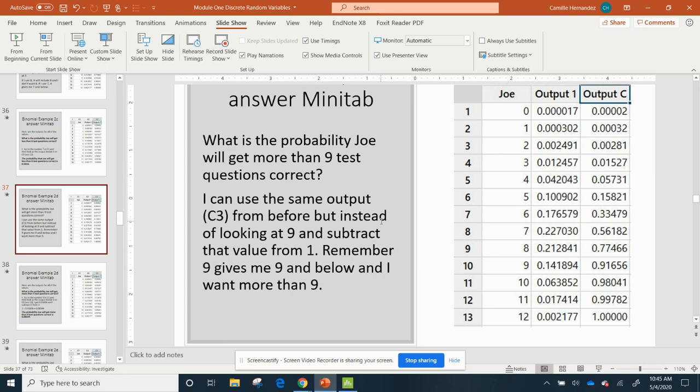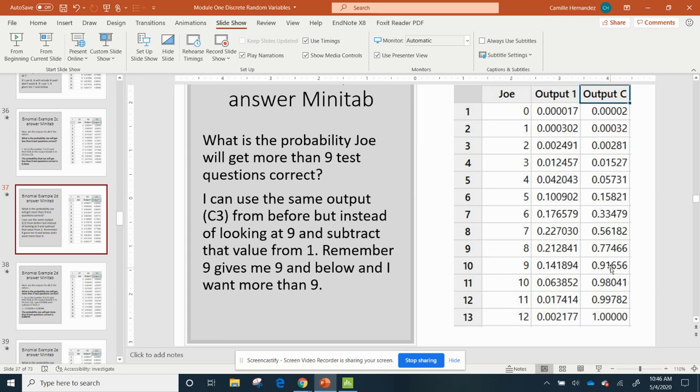So more than 9. If I look at this right here, 0.91656, and there's 9, that means 9 and below. But this question wants just more than 9.